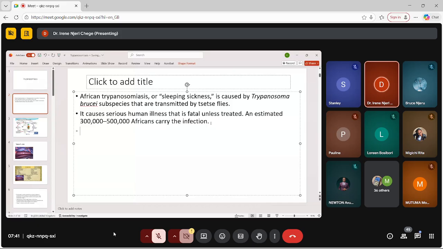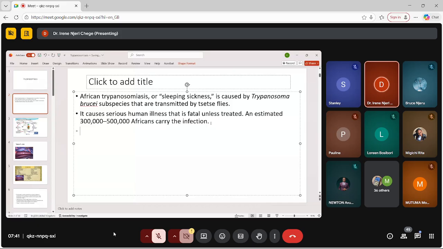then we have gambiense. Then Trypanosoma brucei rhodesiense.